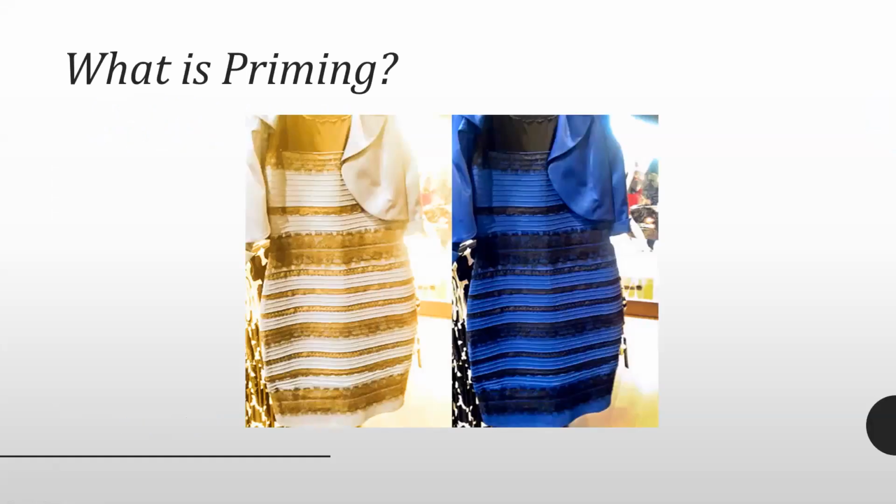And so why is it that even when people experience the same exact sensory information, their perceptions and interpretations of that information can be completely different? This is a common example that went viral on the internet a few years ago. This is the same exact dress.